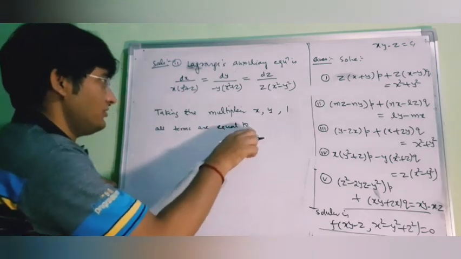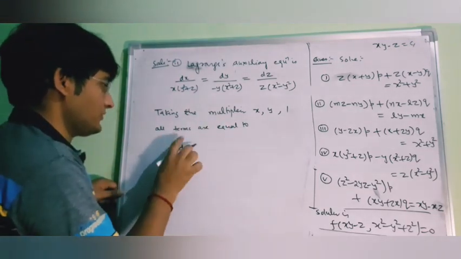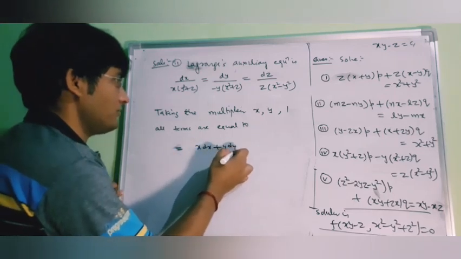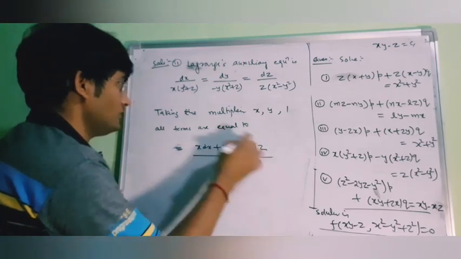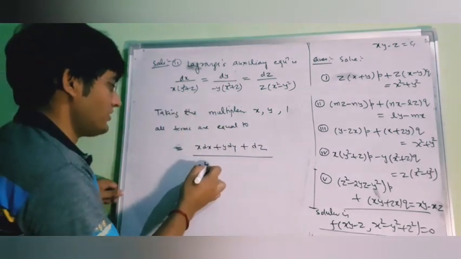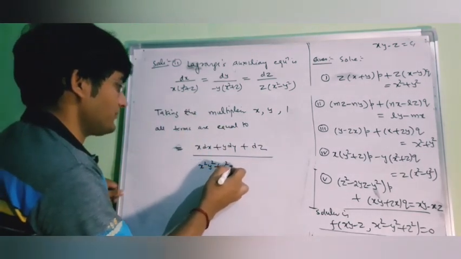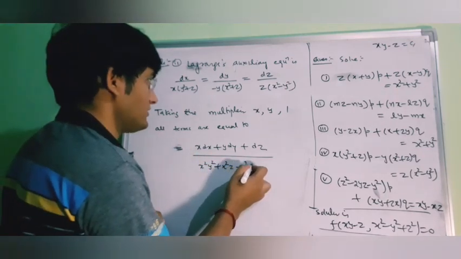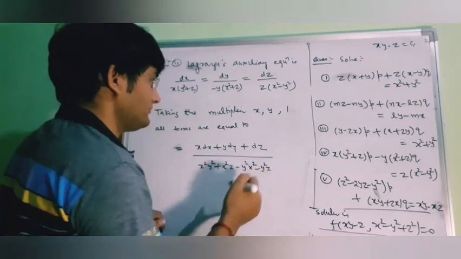Now each term will be equal to x dx plus y dy plus dz upon, now this first term will be your x square y square plus x square z. Now the second term will be your minus y square x square minus y square z.